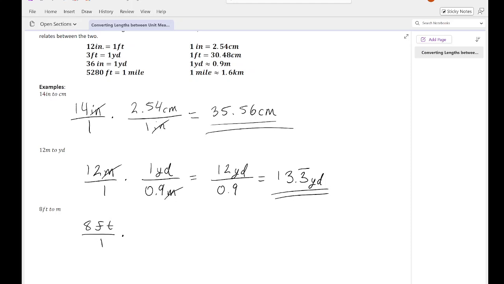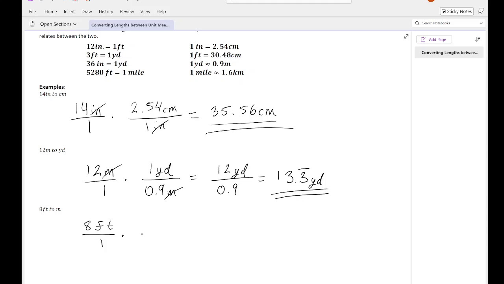I got nothing. So what am I going to do? Well, I do have feet to centimeters. And then if I'm at centimeters, then I know I can easily just do metric conversion from centimeters to meters. So I'm going to use 1 foot to 30.48 centimeters. So not a direct path. I'll have to do a second step, but that's okay.